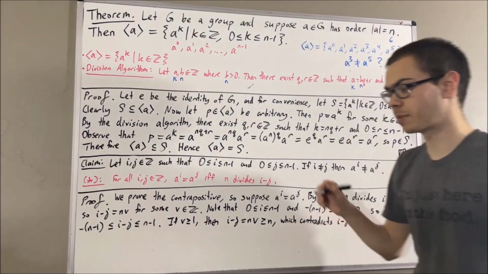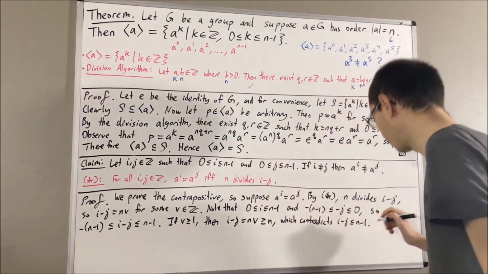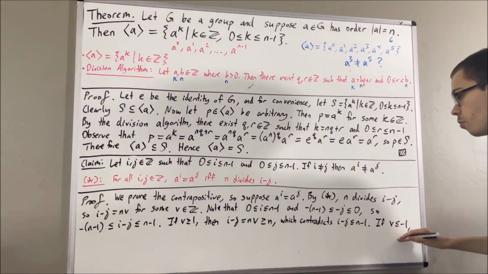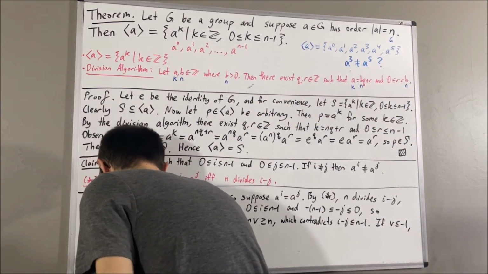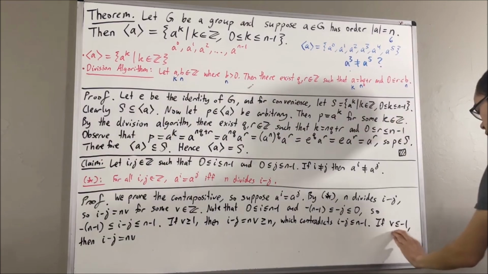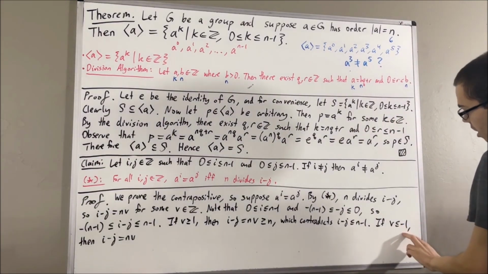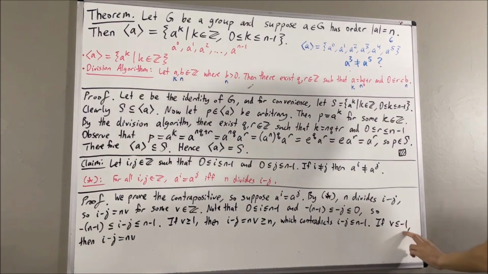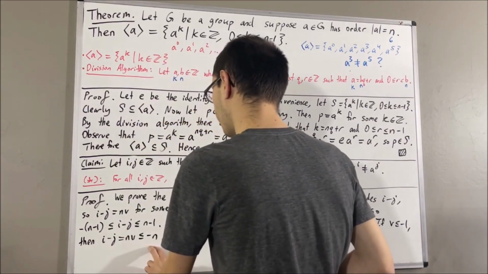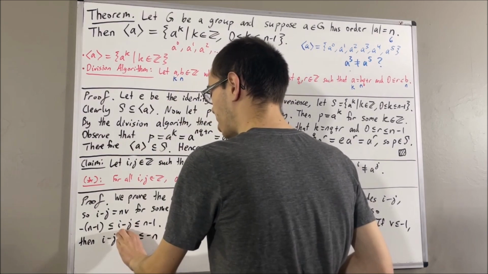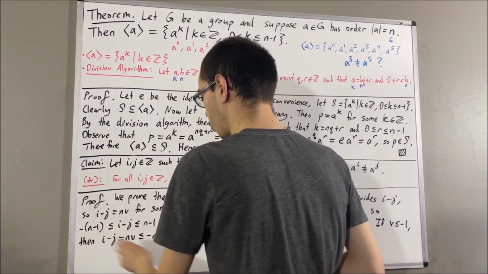Now let's eliminate the possibility v is less than or equal to -1. If this happens, then again, we know i minus j is equal to nv. But if we take this inequality and multiply n on both sides, we get nv is less than or equal to -n. So i minus j is less than or equal to -n, but that contradicts the fact that i minus j is greater than or equal to the negative of n minus 1.